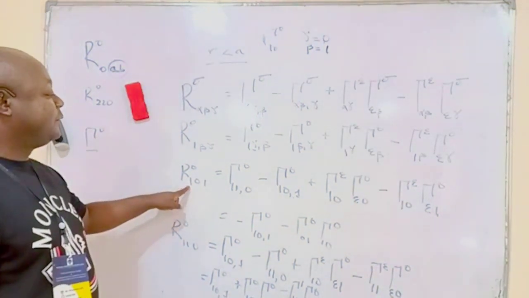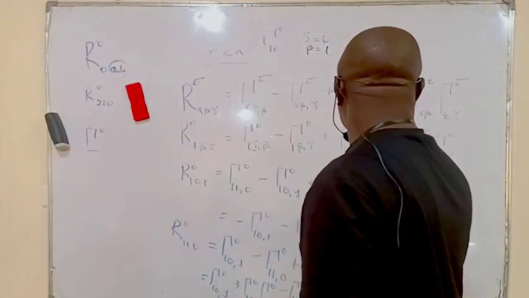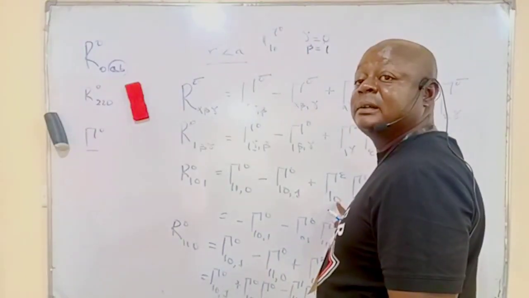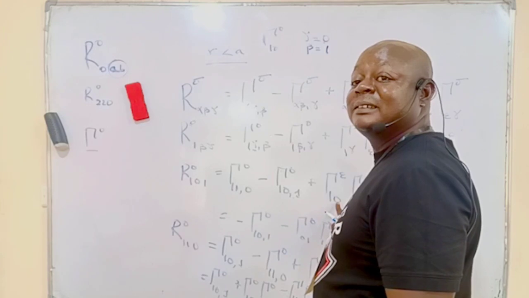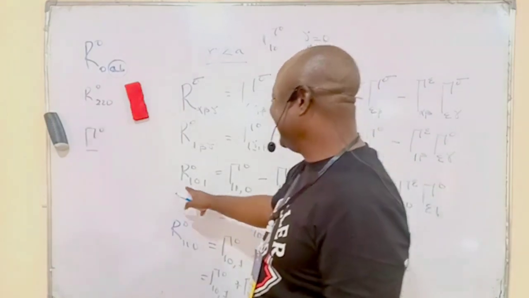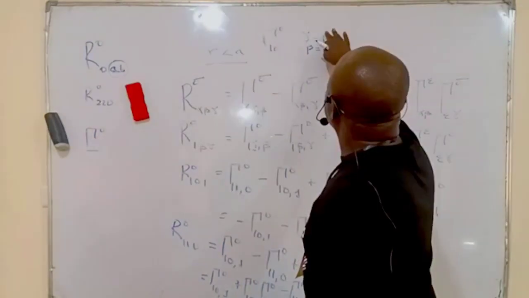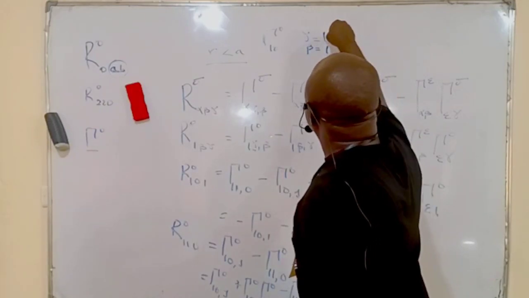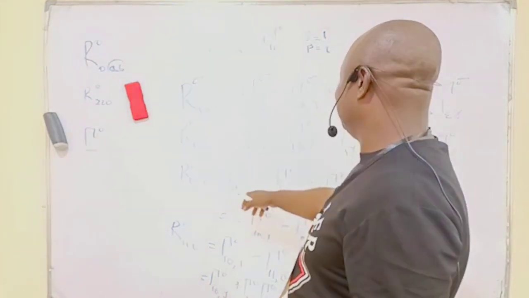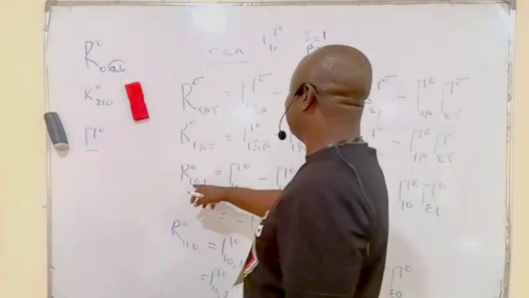So you have this one is which one? That is supposed to be. Let's see. Here our gamma was 1 and our epsilon was 0. Is that not? So if we have that, remember the 1 is already there.